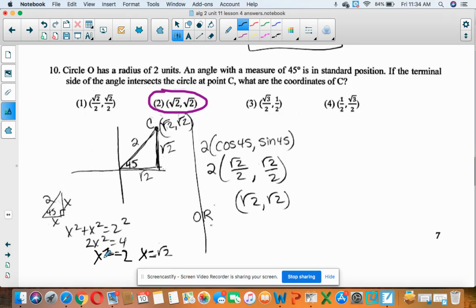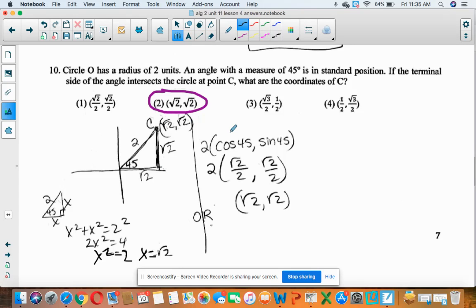I divide by 2 and x squared equals 2. So x equals the square root of 2. So that's how I got this side being radical 2 and this side being radical 2. And then I want to know the coordinates of point C right here. So point C is x comma y. It's radical 2 comma radical 2.